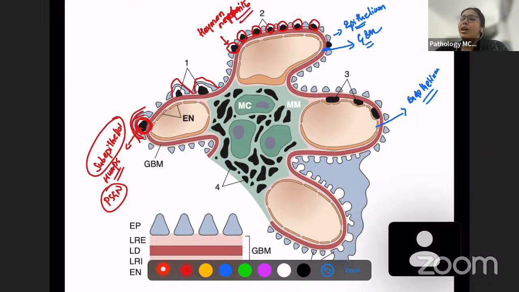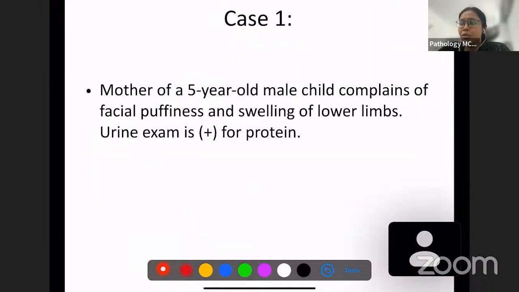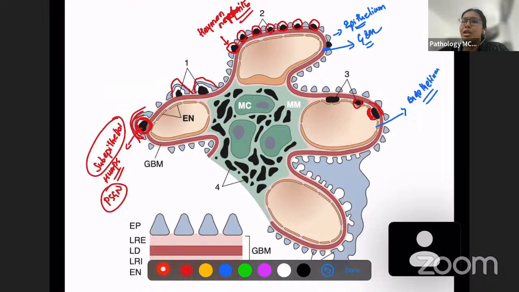And then number 3, you can see here below the basement membrane and above the endothelium, you have some kind of deposits, right? So this is above the endothelium and below the membrane. So these are also subendothelial deposits. So these are deposits which are above the endothelium.